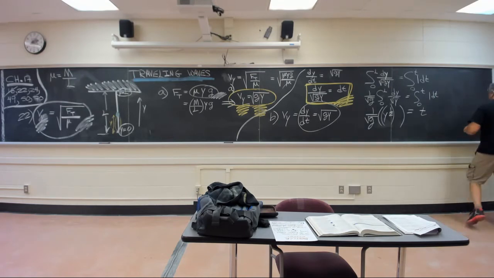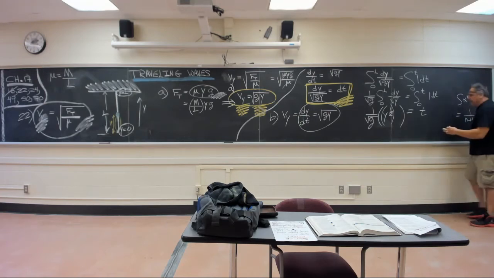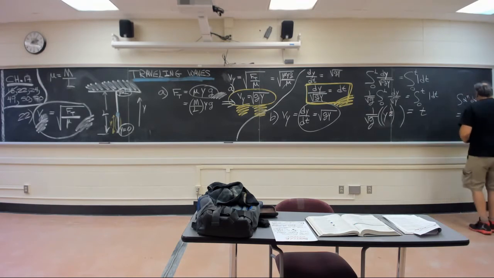You guys know whenever you're integrating x to the n dx, it's equal to 1 over n plus 1 times x to the n plus 1. So if that's a negative a half, what's negative a half and 1? It's a half.